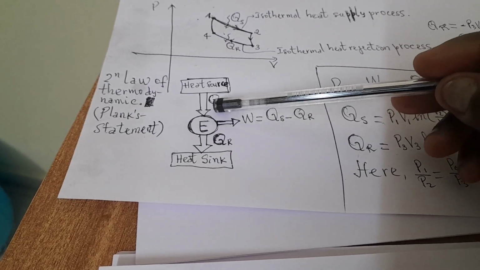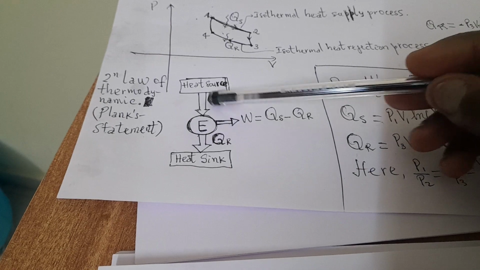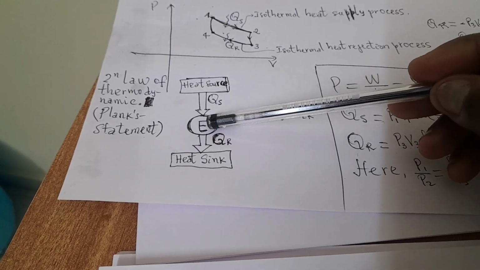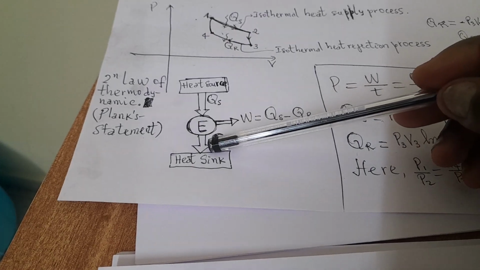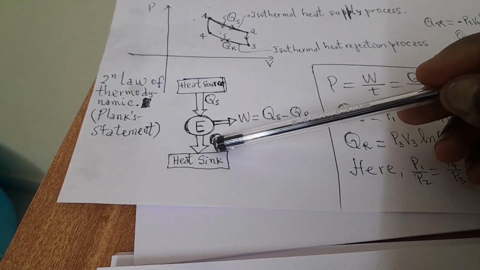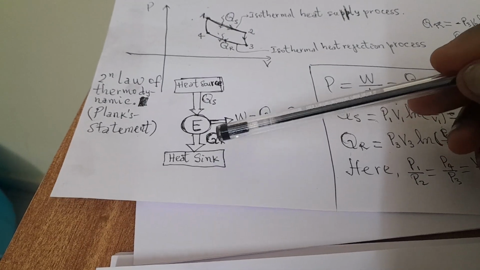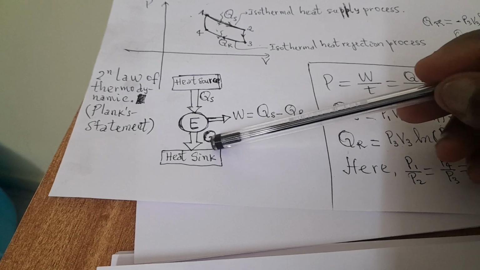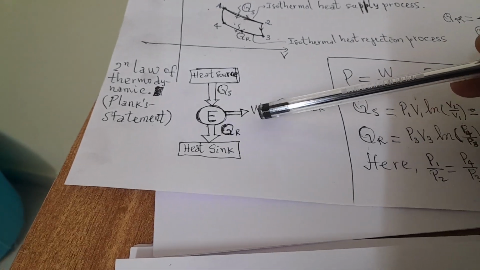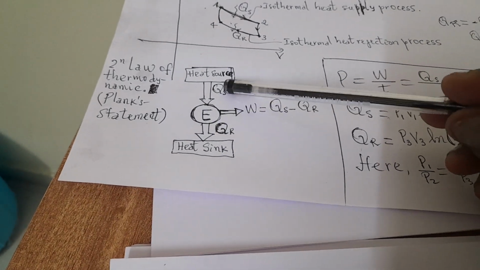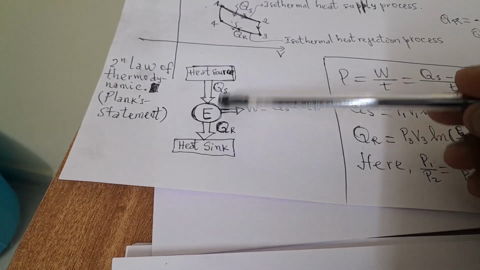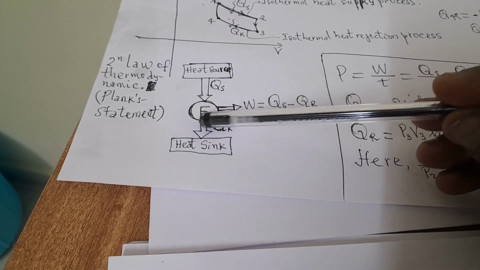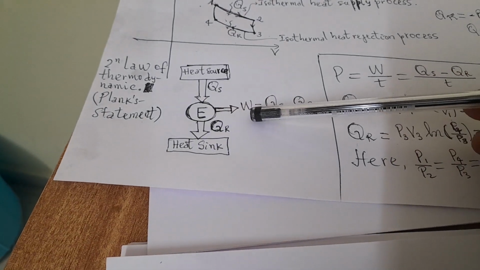So it is not possible for all of this heat supplied into the engine to be converted directly into useful work or heat rejected to the sink. So where will this energy go? This energy that we lose in the engine is given as work done.